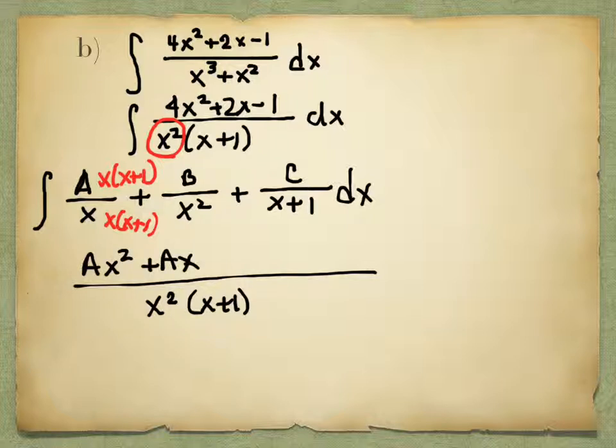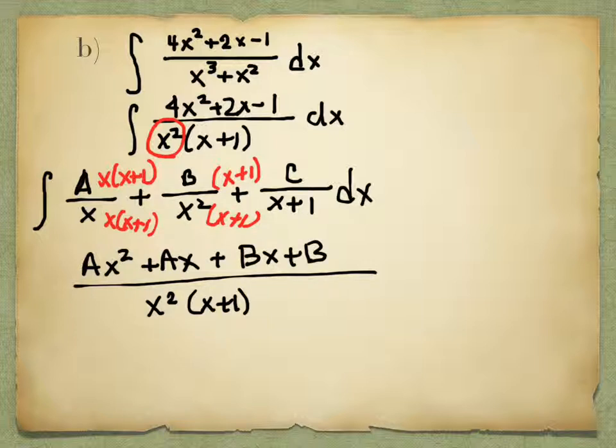Okay. The middle one, you guys already told me we're only going to multiply by x plus 1 on that one, right? So I can get away with, on this one, only having bx plus b. What about the third one? What does it need to be multiplied by? X squared. So it becomes cx squared.